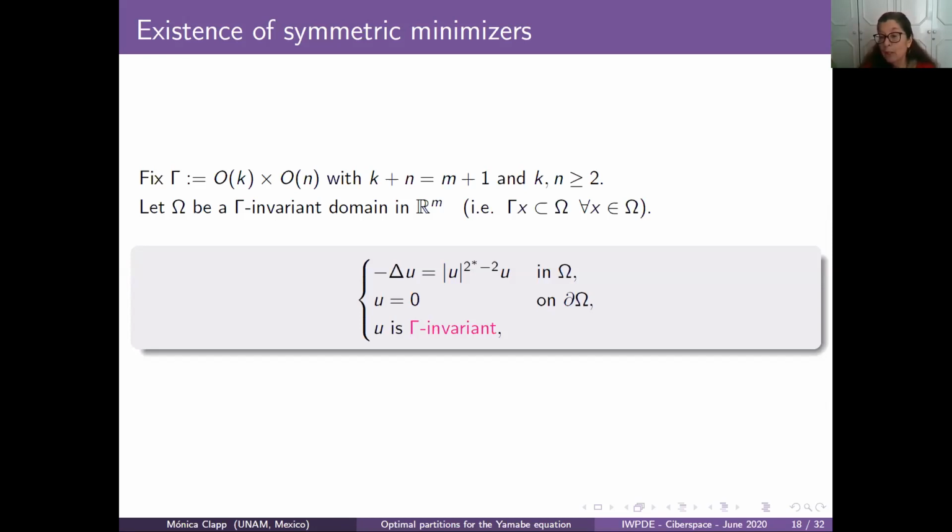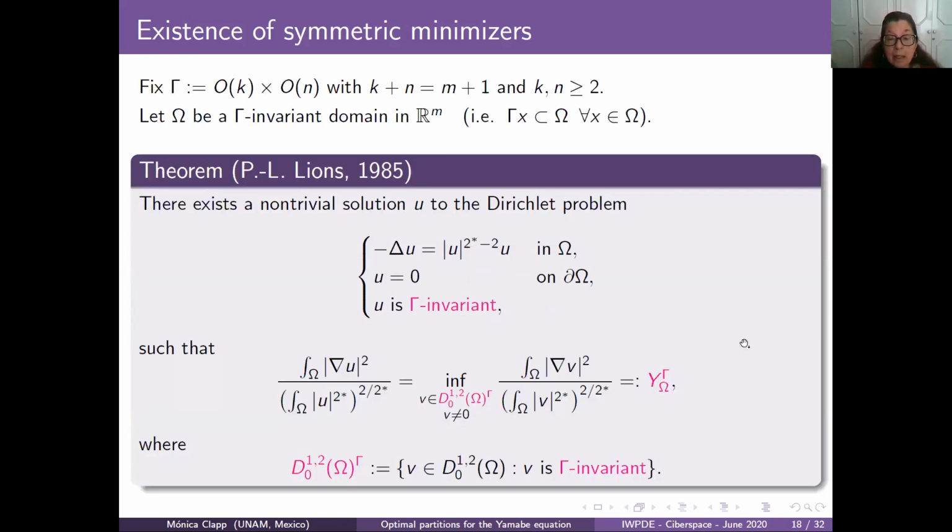It cannot occur at something which has positive dimension. So if we take a domain Omega, an open set which is Gamma invariant in R^m, and we look for Gamma invariant solutions to this equation, they cannot blow up. We have compactness.